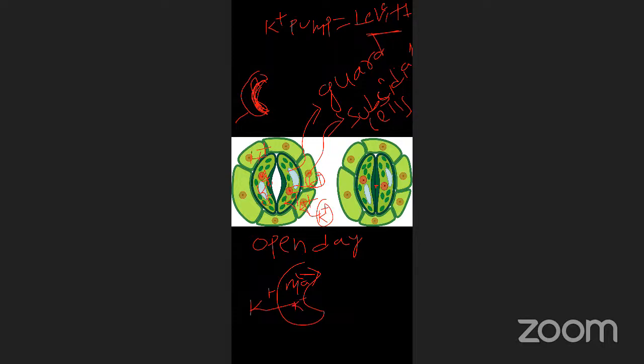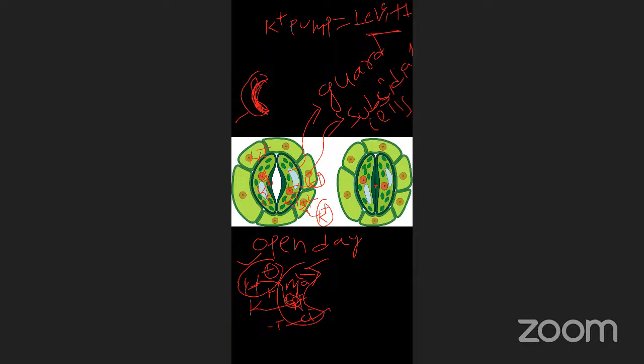Apart from the K plus, Cl minus also enters. At the same time, H plus is sent from the guard cell into the subsidiary cell. As a result, in the subsidiary cell, due to the presence of H plus, there is high water potential, and in the guard cell, due to malate and chloride, low water potential.